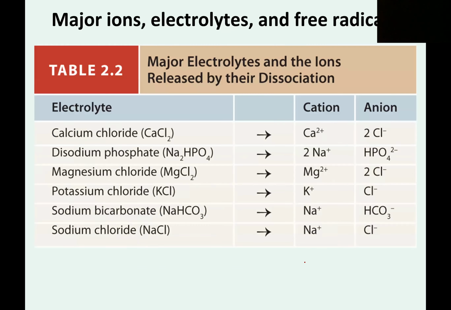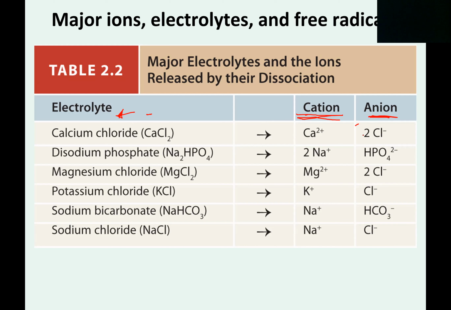So another term that we use to refer to ions is the word electrolyte, referring to that electrical charge that they can conduct in water. In chemistry, electrolytes are compounds. In medicine, we look at the individual ions. In the name of the electrolyte, the cation is always named first. The anion is named second.